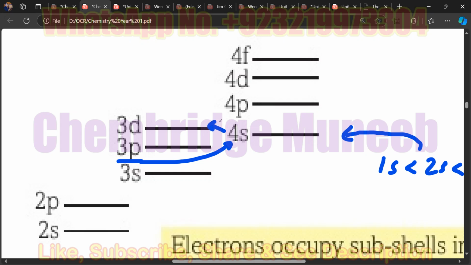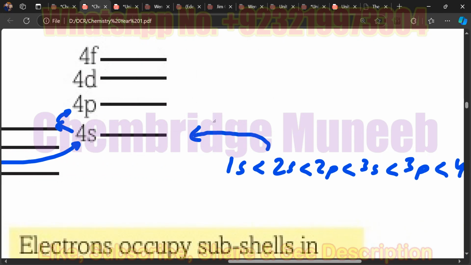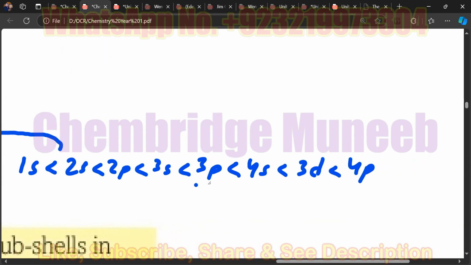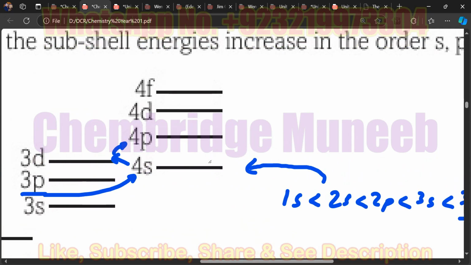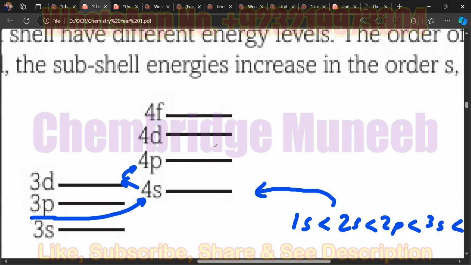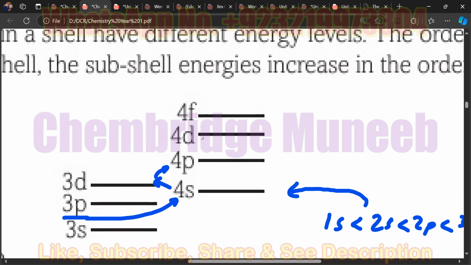And after 3d, 4p. So that's the same here. After 3p comes 4s, then 3d, and after 3d comes 4p. So you have to learn this order accordingly. So that's how we arrange them.